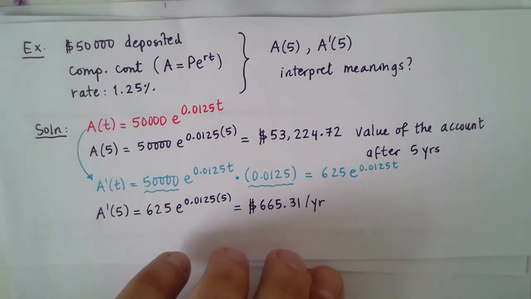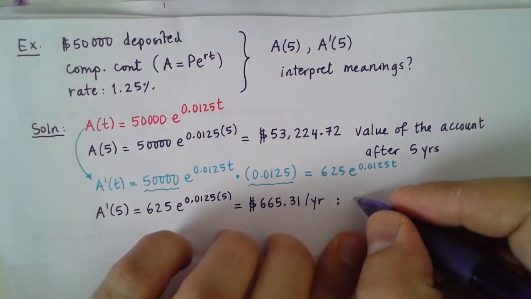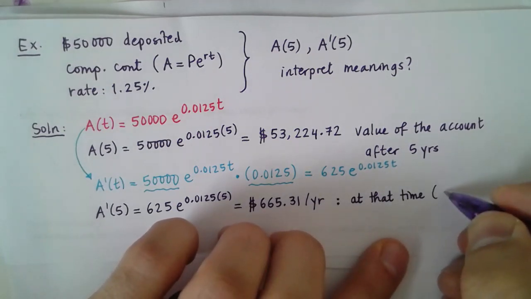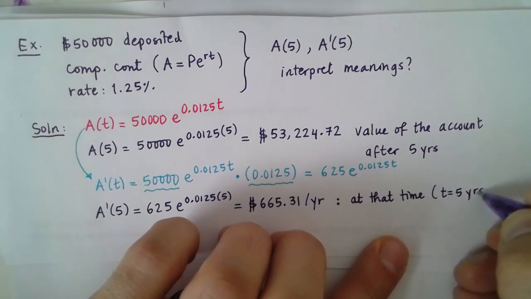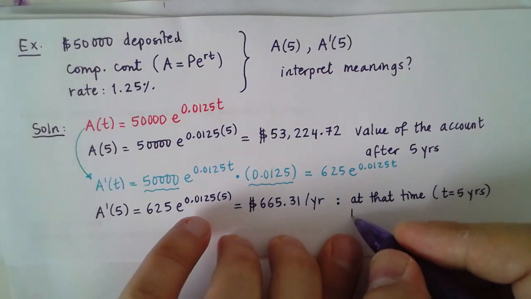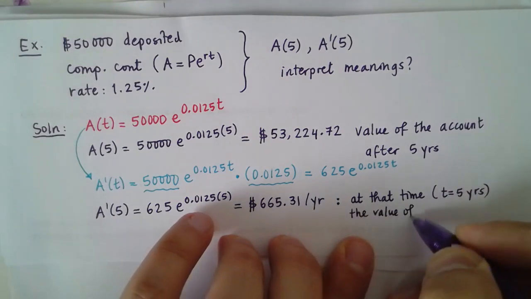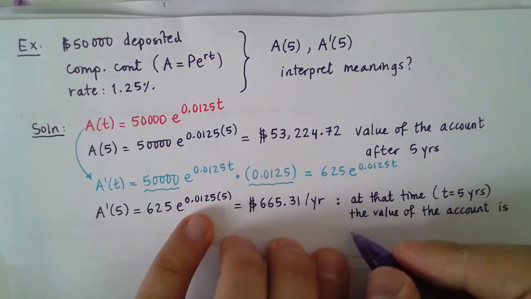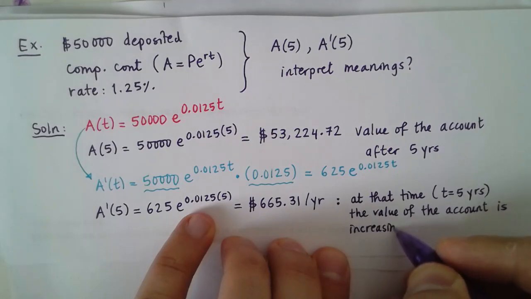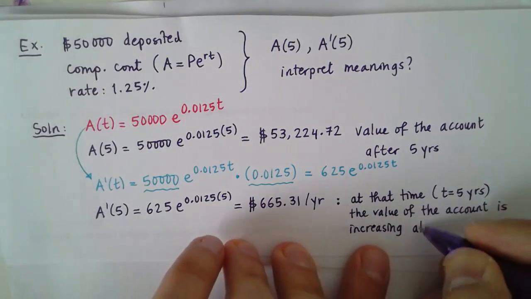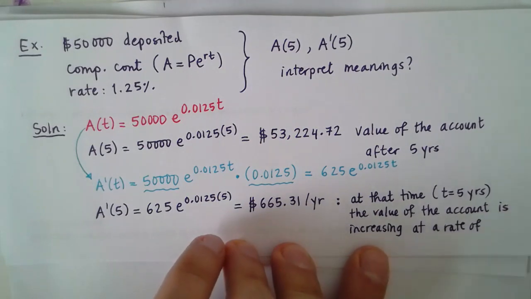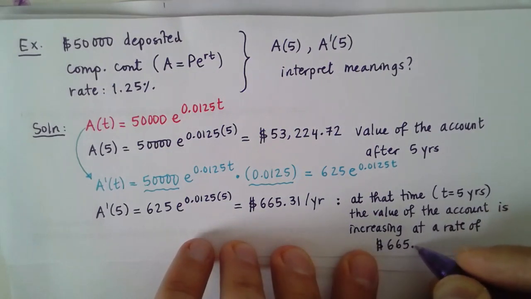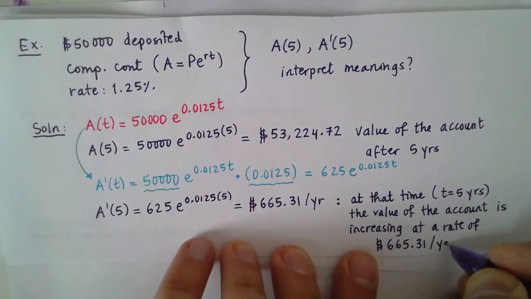So the meaning is: at 5 years, the value of this account is increasing at a rate of $665.31 per year.